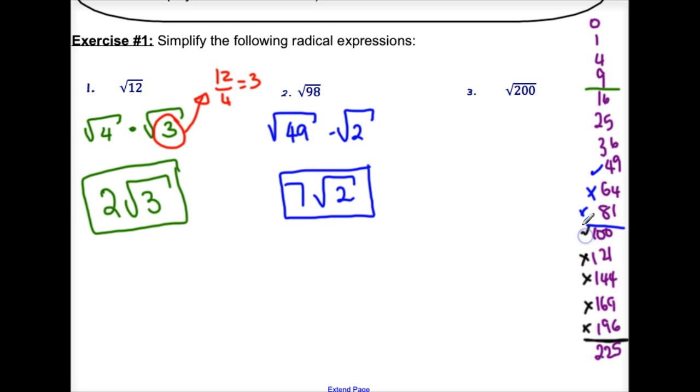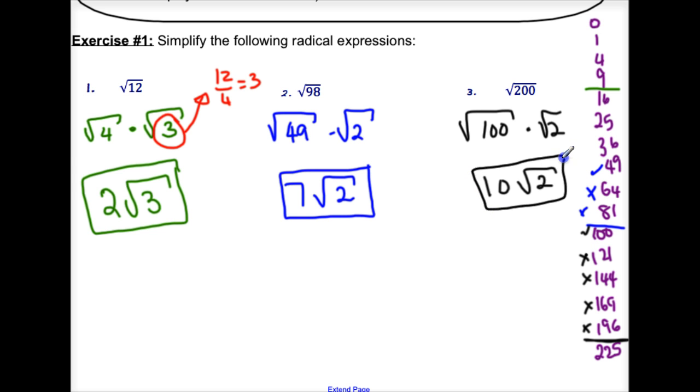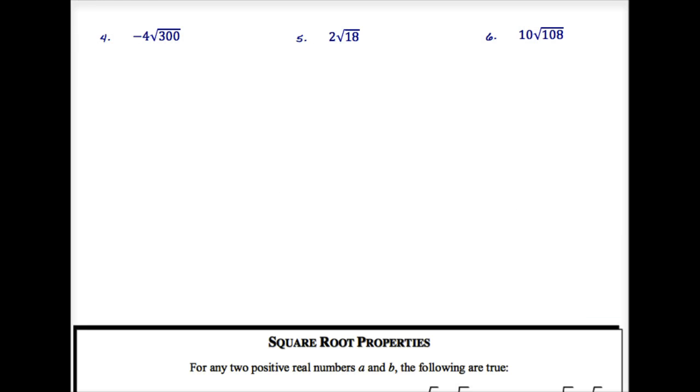But we know 100 is a factor, so I take that 100, write it in my radical, 100 times 2 will give me 200. I know that the square root of 100 is 10, and then my radical 2 stays the same. And that's my final answer. Piece of cake, right? Alrighty, let's move on.